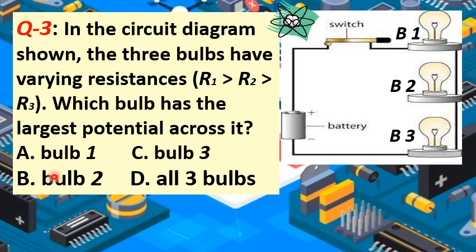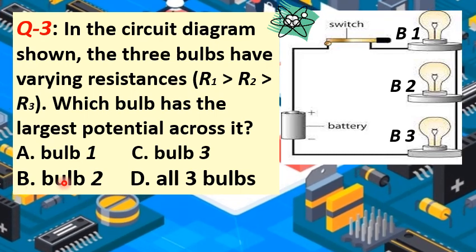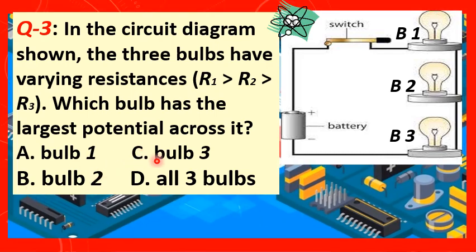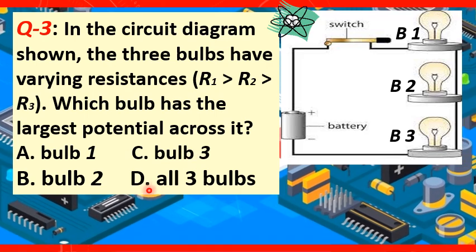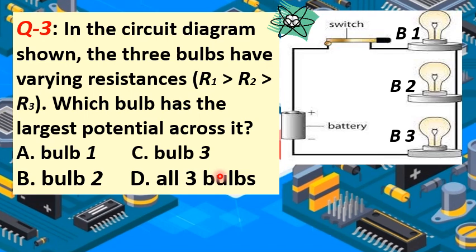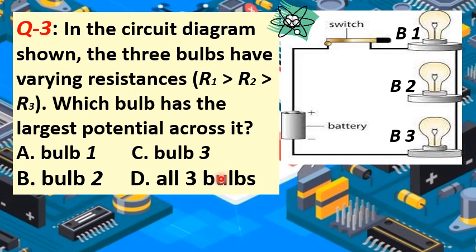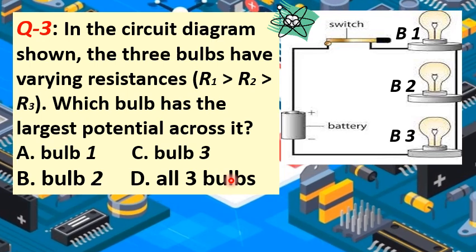Choices are letter A, bulb number 1, option letter B, bulb number 2, option letter C, bulb number 3, and option letter D, all the three bulbs have the same electric potential or voltage across them.